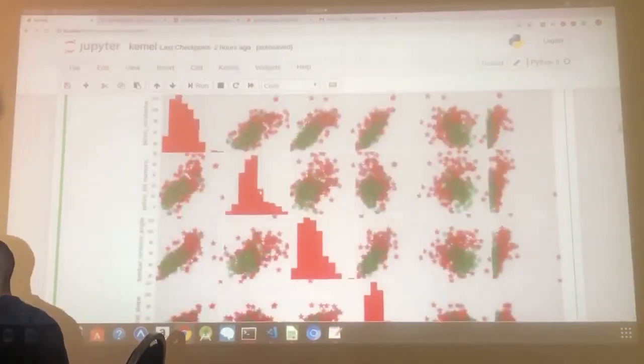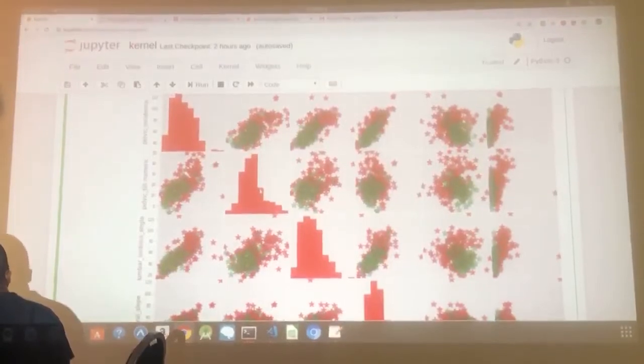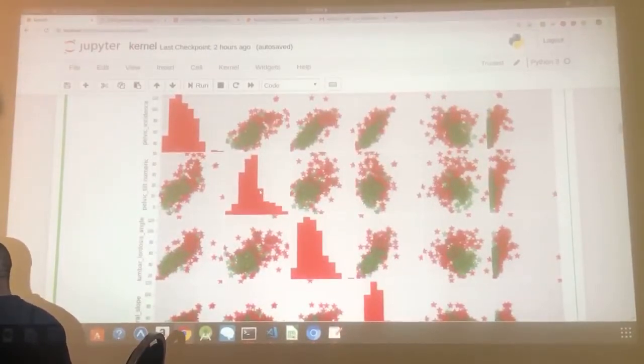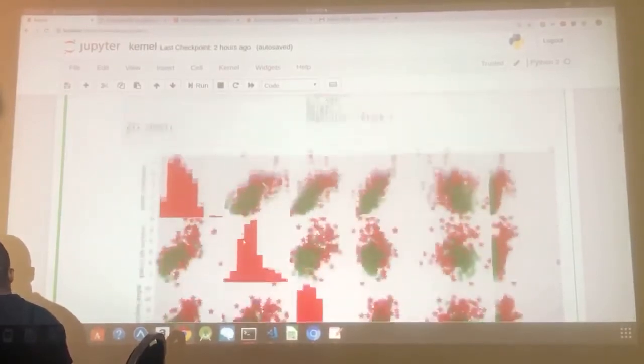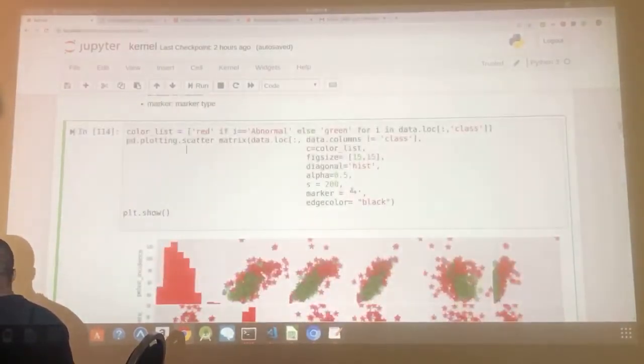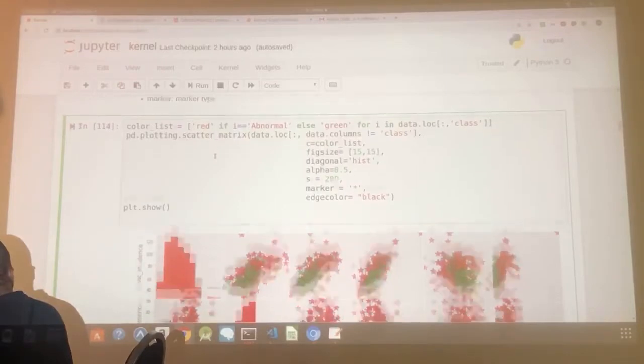So what you can remember at this stage, you're not making any decisions, right? You're trying to see what the data is like, right? And doing a scatter matrix will show you a relationship between each input in your data frame, on your data, right?